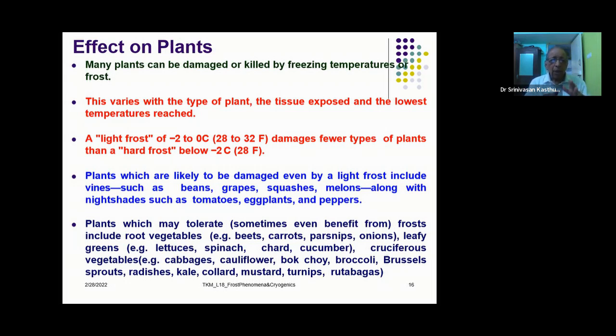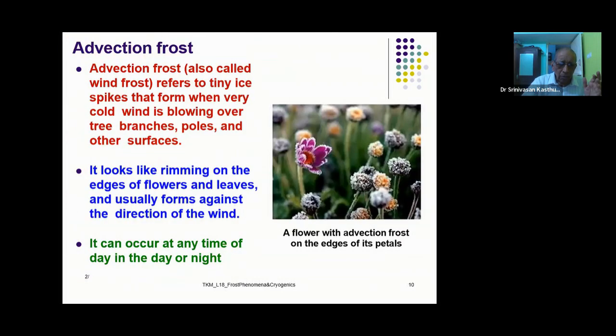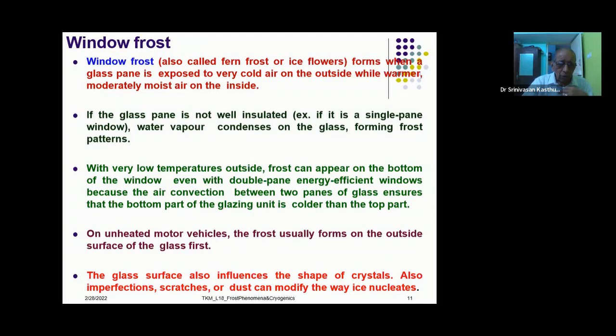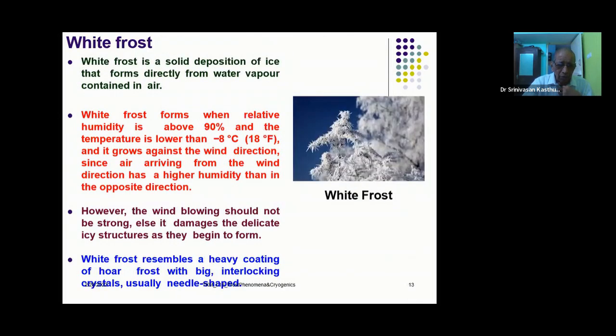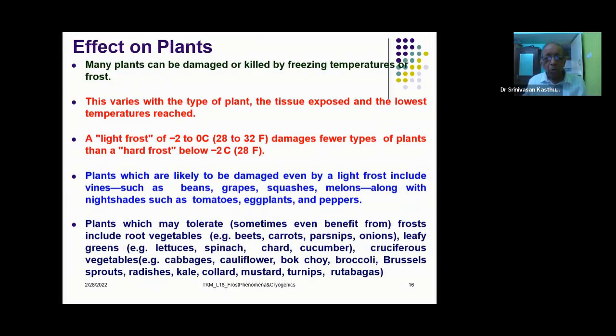We have seen here various types of frost. We started with hoarfrost, then advection frost, then window frost, then white frost, rime, and black frost. So these are the different frosts which we have seen so far. How do they affect the plants?